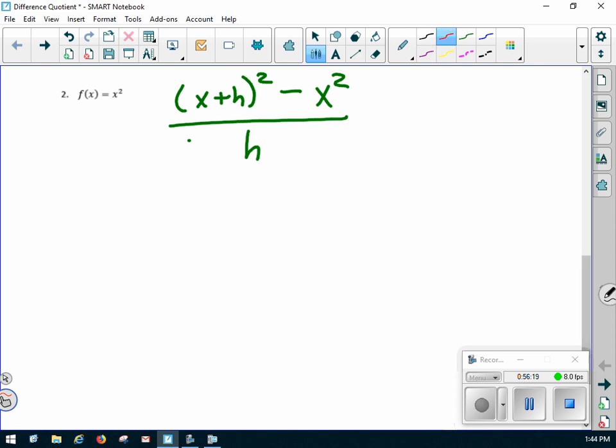Please tell me you can multiply out x plus h quantity squared in your head. And if you can't, think x plus h times x plus h and FOIL.